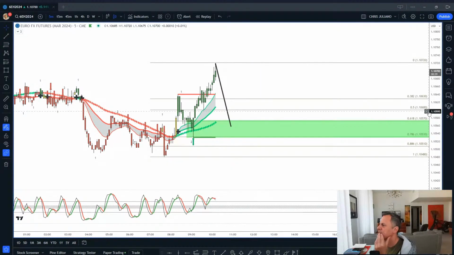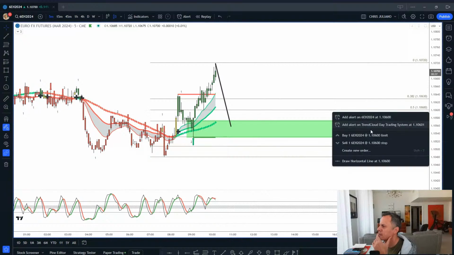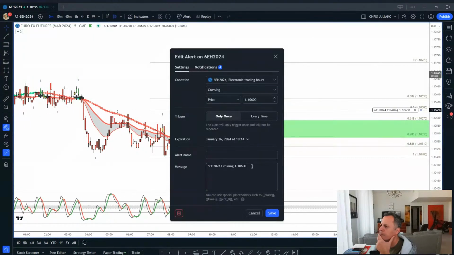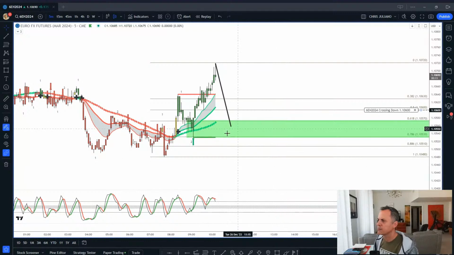I would set an alert at 50% just to watch that sucker. There we go. 50% retracement level.